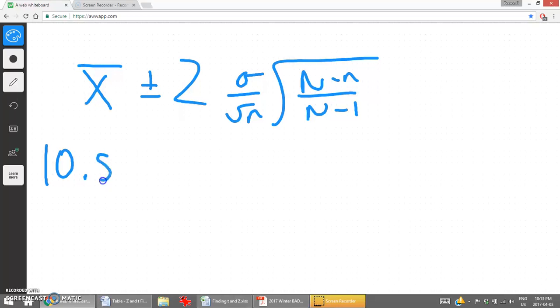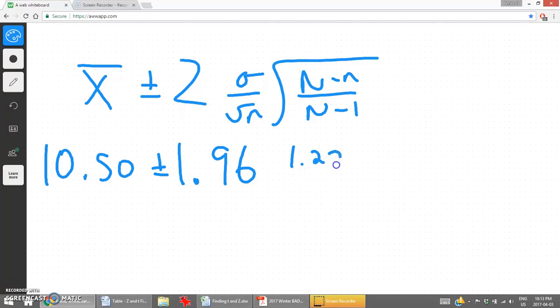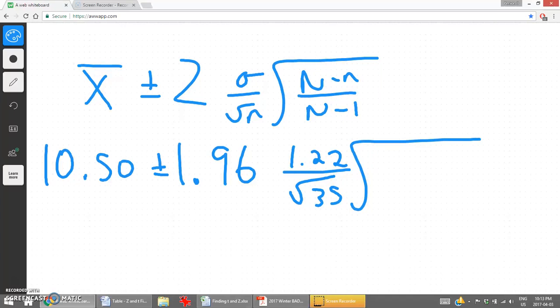The sample mean we found from our sample size of 35 is $10.5. Our Z value we know is 1.96. Our standard deviation is 1.22, and that we take over the square root of the sample size of 35. And then we have to multiply it by the correction factor.